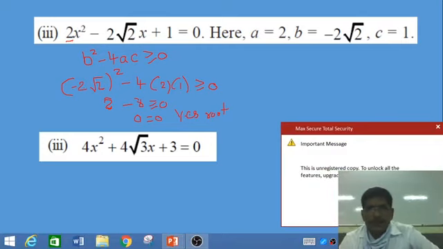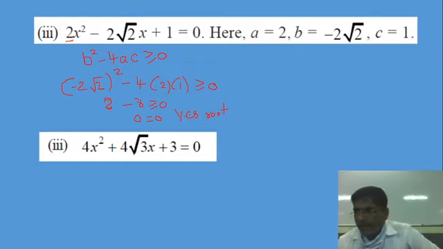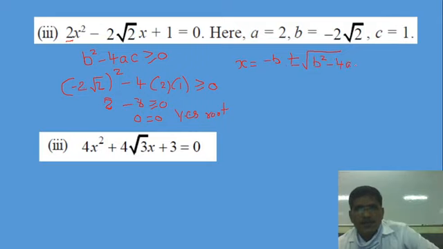x, that is what I have to write. So now x is equal to minus b plus minus under root b square minus 4ac divided by 2a. So x is equal to, the value of b, that is minus 2 root 2.